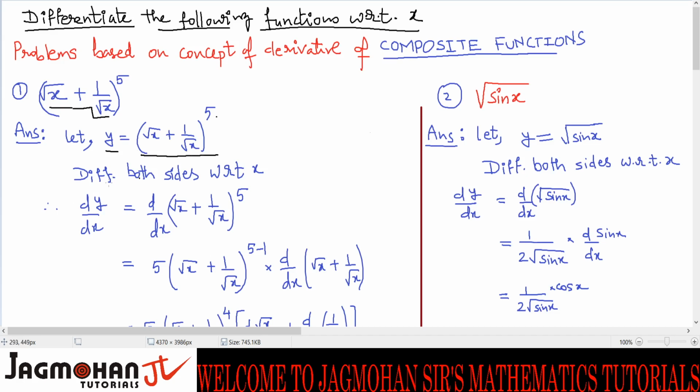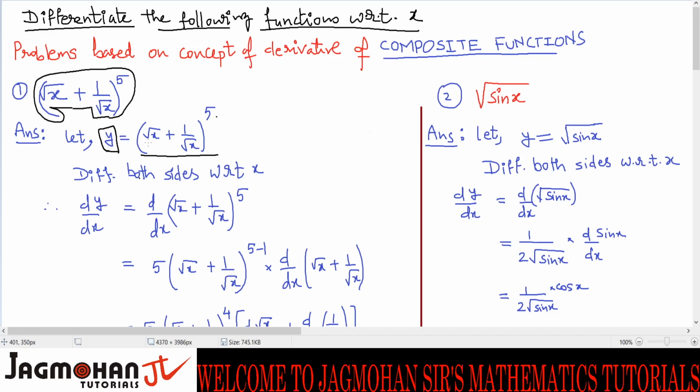Then I'm writing, differentiating both sides with respect to x. The question was that we needed to differentiate this function of x with respect to x. Now when I'm taking this function of x as y, my aim is to find the derivative of y with respect to x.